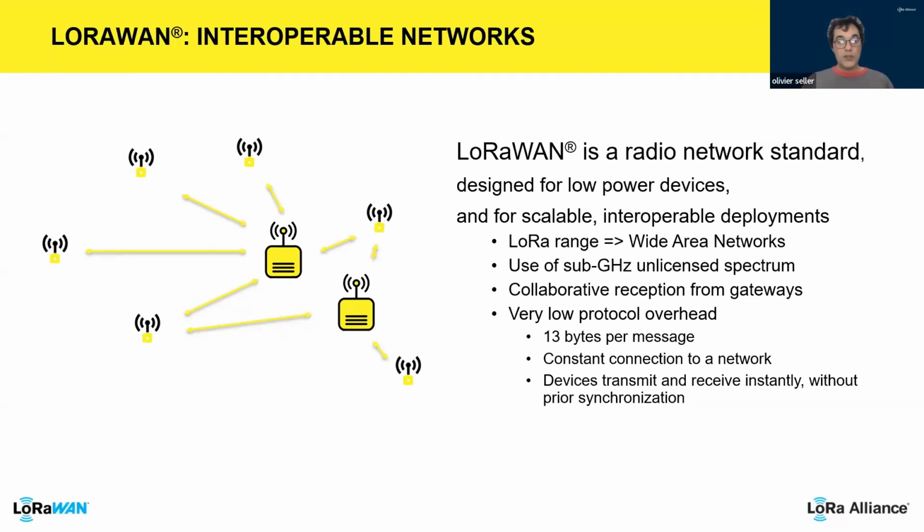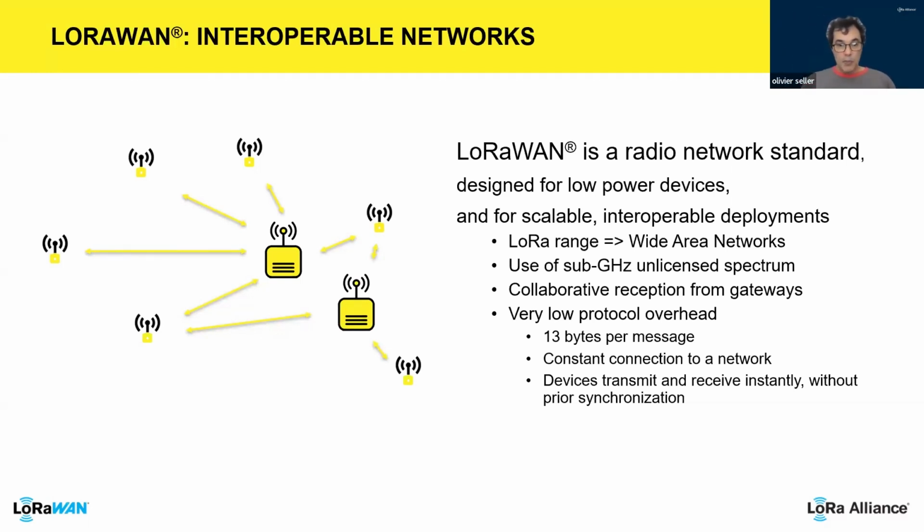LoRaWAN uses sub-gigahertz unlicensed spectrum, whose frequencies vary with region. North America, South America, Europe, and Asia typically don't use the same frequencies. A very important property of a LoRaWAN network is that there is collaborative reception from the gateways, and I'll detail that later. This is closely related to low power operation and ease of deployment.